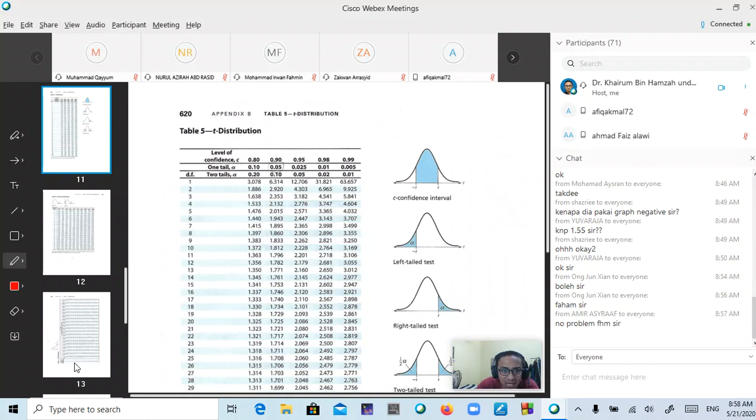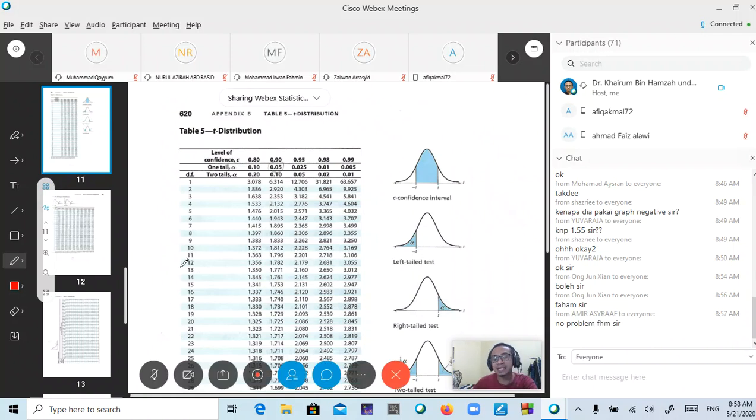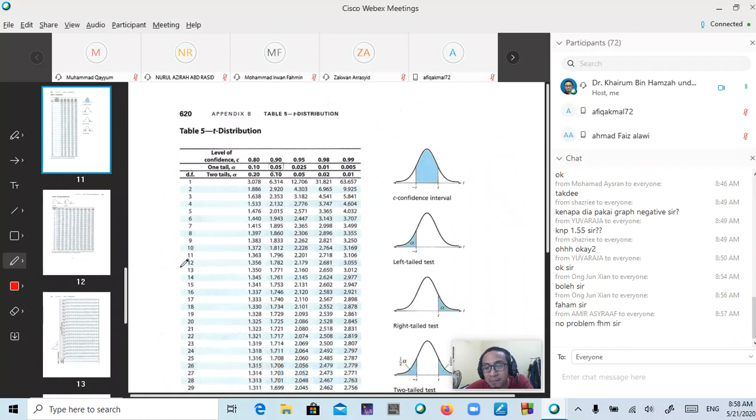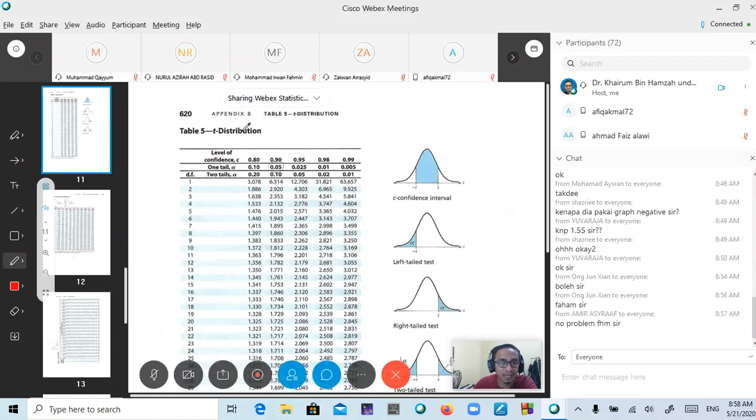Alpha two tail at the bottom table and then one tail. One tail maksudnya tak kisah dia left tail or right tail. Okay? Boleh. And then degree of freedom is equal to number of sample minus 1. Ni, degree of freedom and minus 1. Okay?